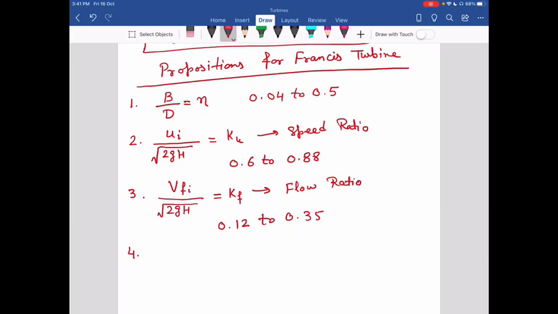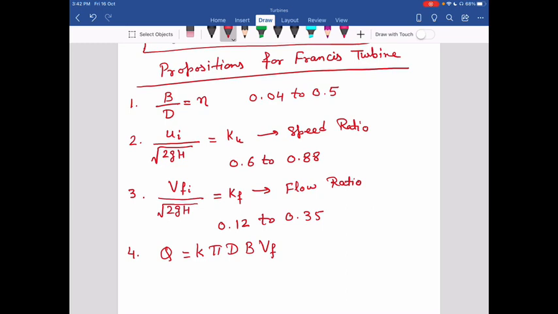The next is the formula for discharge through Francis turbine, that is Q equal to pi dB into Vf. If we consider the blade thickness, then this total discharge Q is on the lower side, so I have to multiply by a small k. The k is the factor used when I have to consider the thickness of the runner blades.